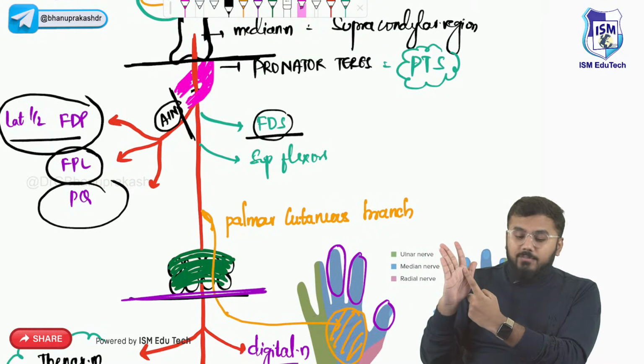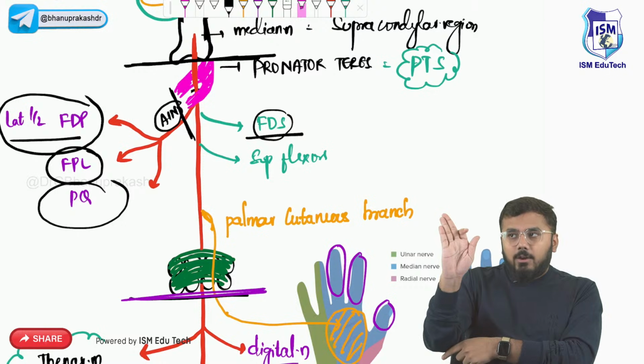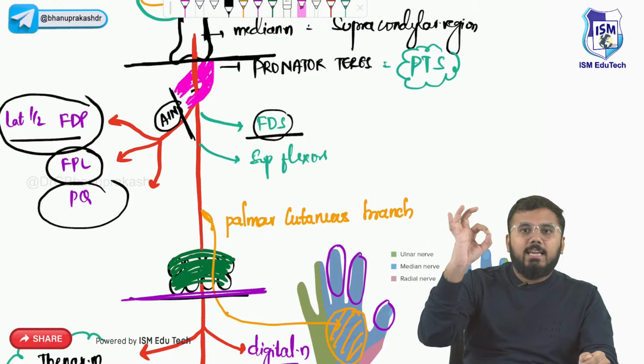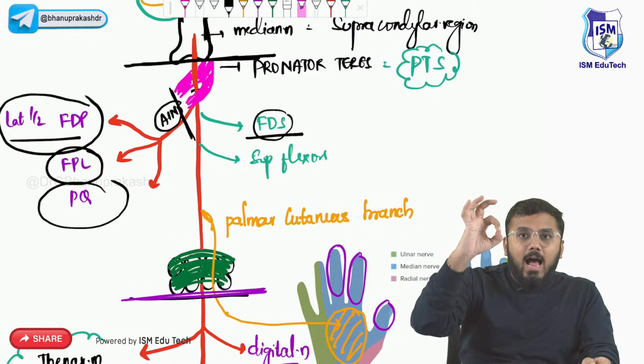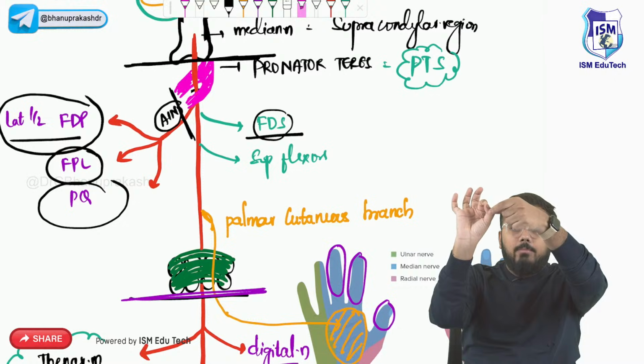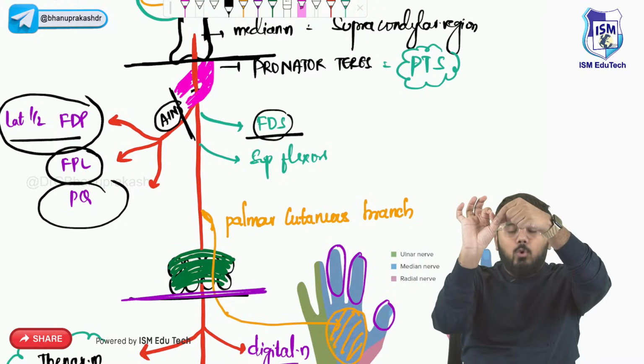Index finger. If that is also not working, the patient cannot flex his index finger. If I tell the patient to do an OK sign like this, I am able to do it because my thumb is flexing and my index finger is flexing.